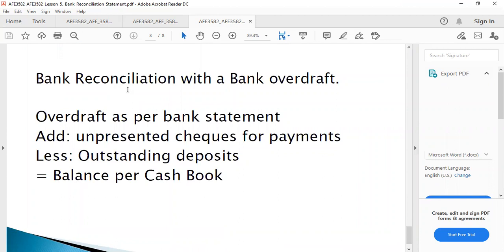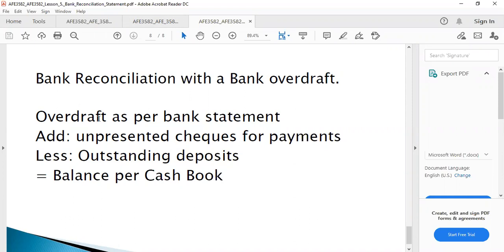So what happens if your cash book has an overdraft? If your bank has an overdraft, so you have an overdraft as per bank statement, ne? Now it's vice versa.